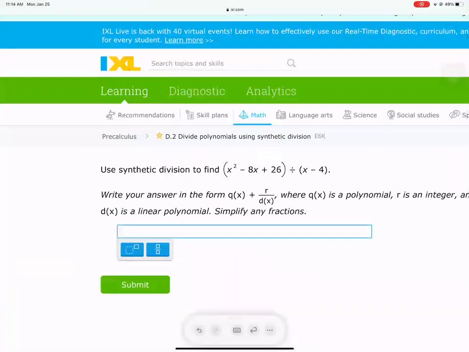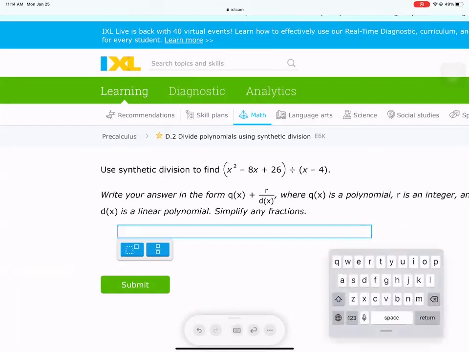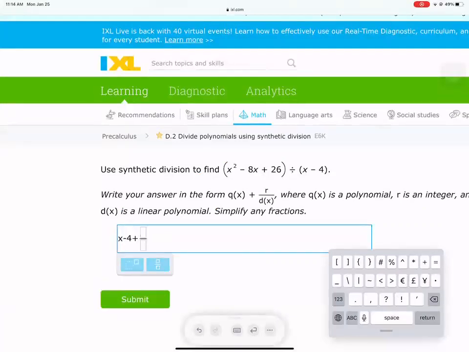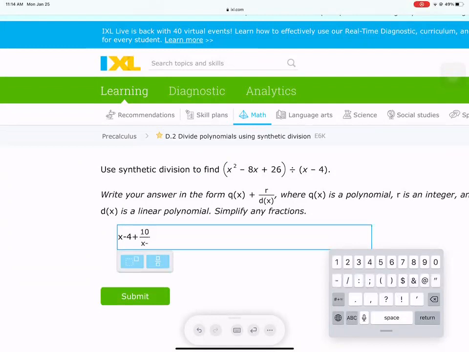We said it's going to be x minus 4, then plus, and we're writing using fractions, 10 divided by x minus 4.